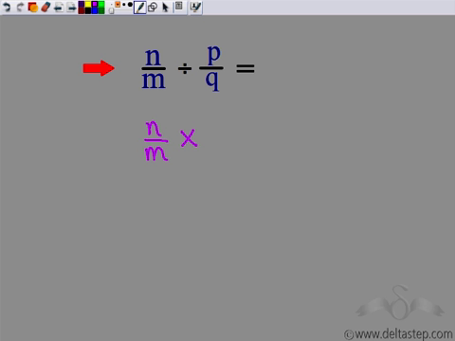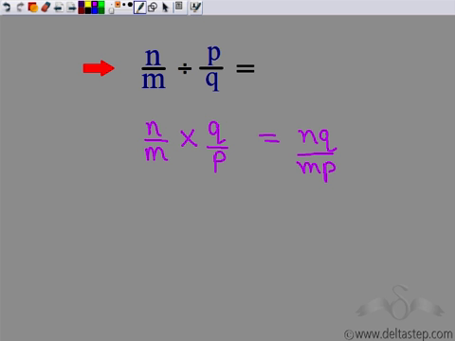That is, p by q would become q by p. Now you know how to multiply two rational numbers. You multiply the numerators, which is nq, by the denominators, which is mp. So this is how you can divide two numbers.